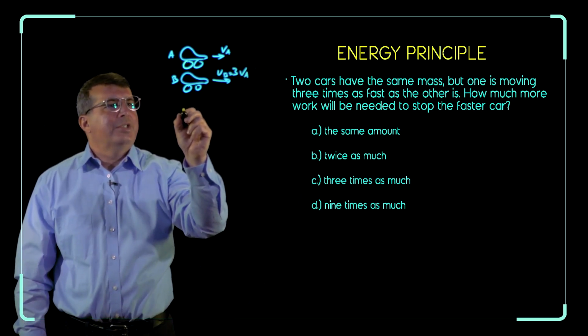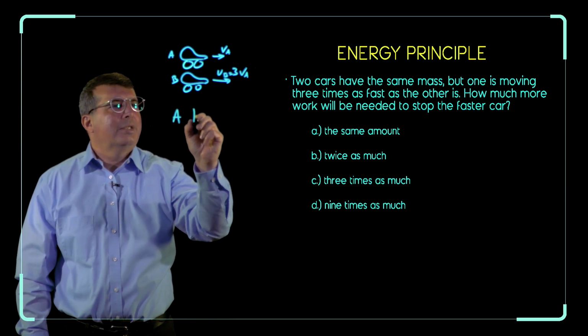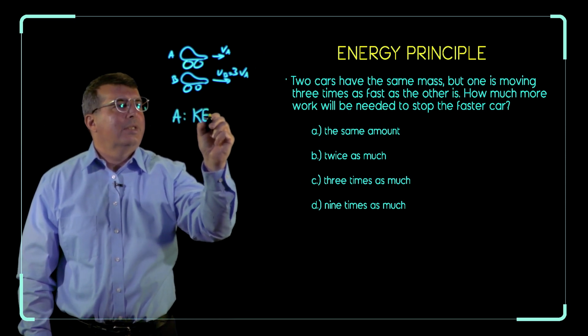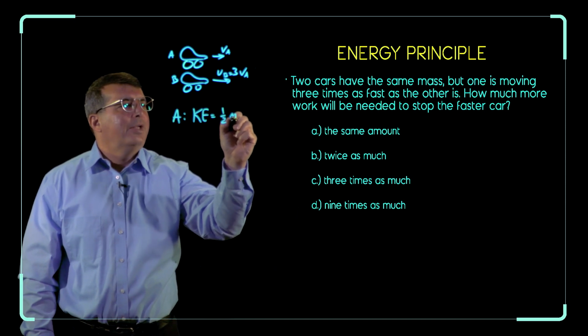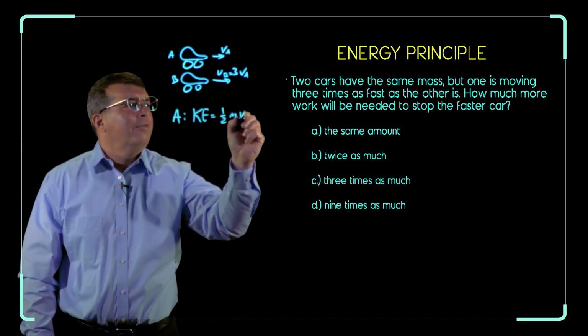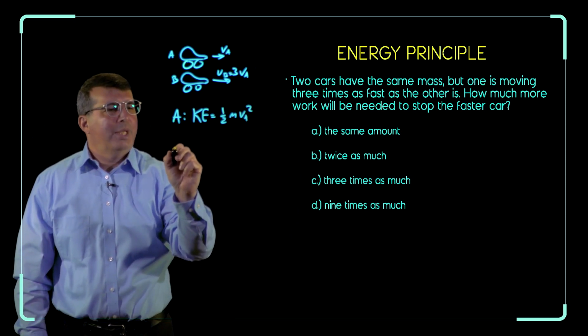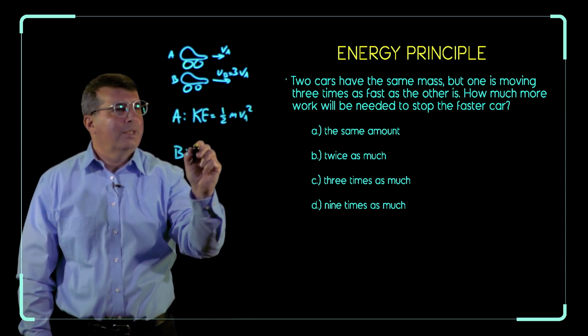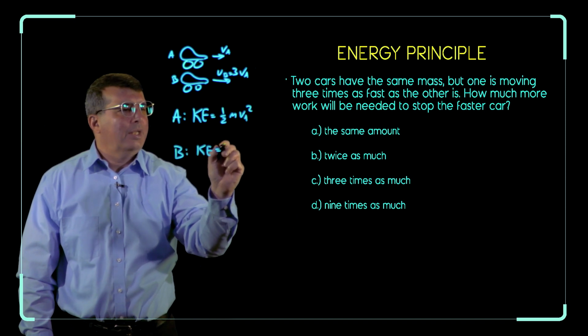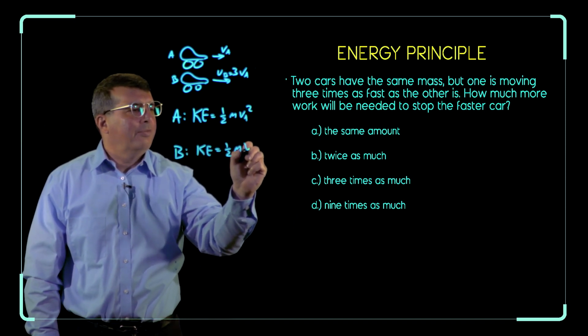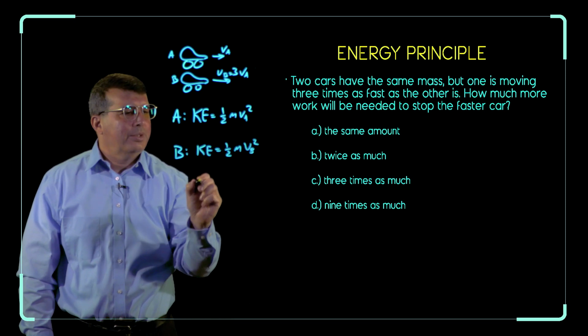So the kinetic energy of A is 1/2 mVA squared. And for B, the kinetic energy is 1/2 mVB squared.